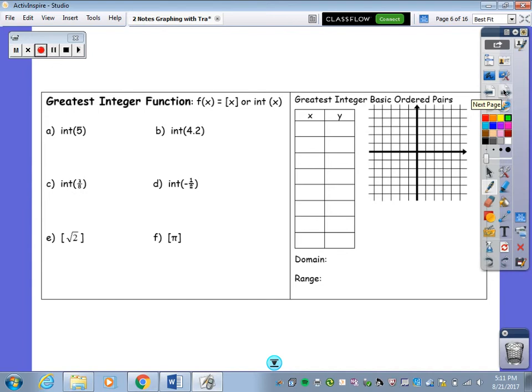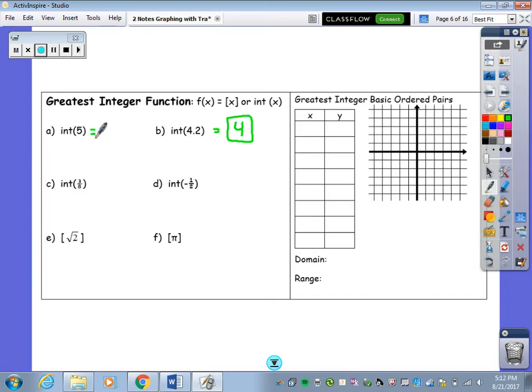Now let's move on to the greatest integer function. What the greatest integer function does is, no matter what the number is, it rounds that number down to the greatest integer. What I mean by that is here, we have 4.2. We're going to round this down to 4, and that's our answer. We round down no matter what. Even if it's 4.9, we still round down to 4. That's what the greatest integer function does.